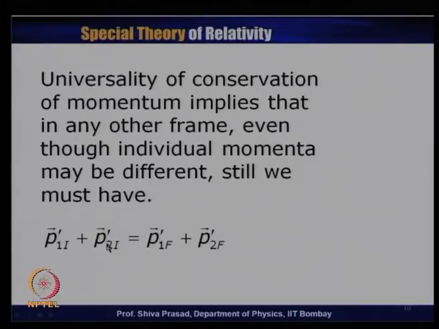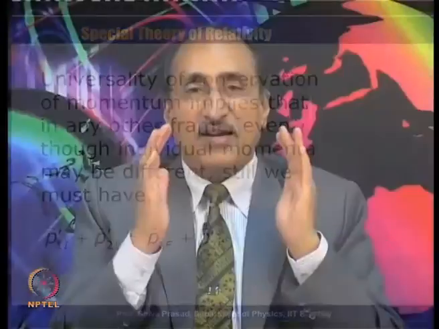In fact, even this sum may be different in different frames, but whatever this value might be, immediately after the collision, the observer in this frame of reference must also conclude that the final momentum of the first particle plus the final momentum of the second particle must be equal to the initial momentum of the first particle plus the initial momentum of the second particle. He or she should also conclude that conservation of momentum is valid in his or her frame also.